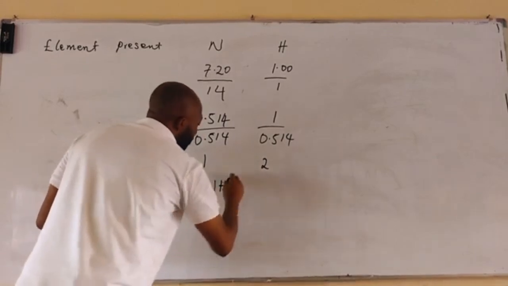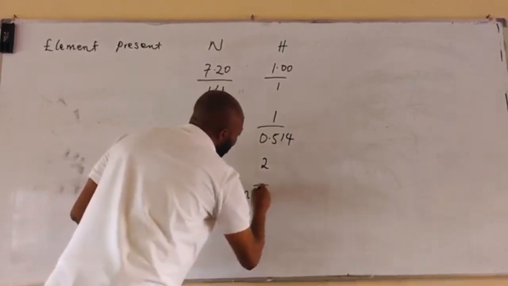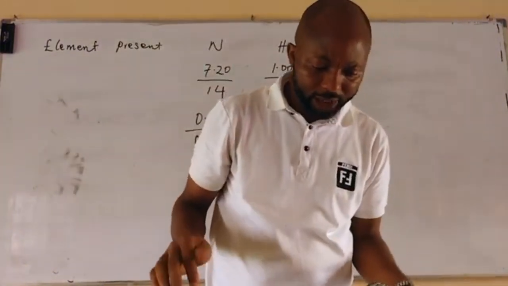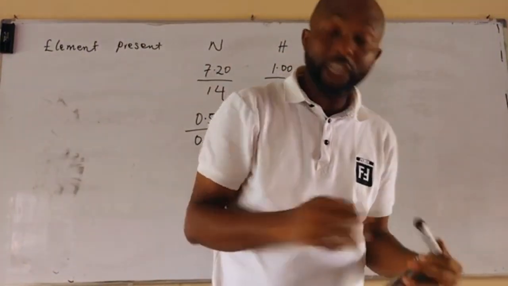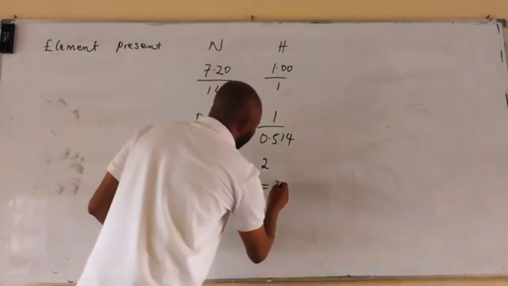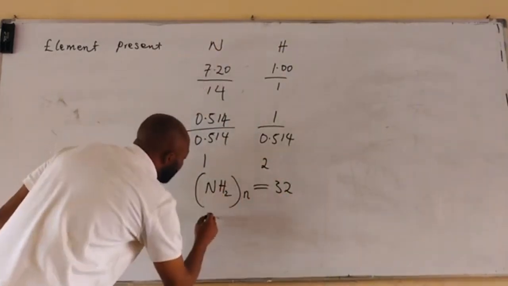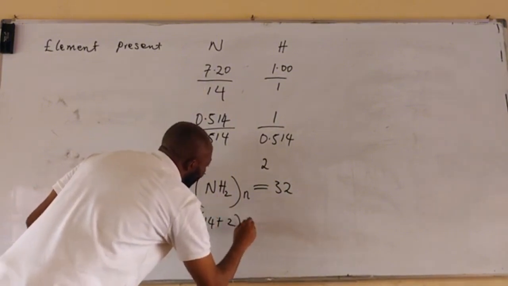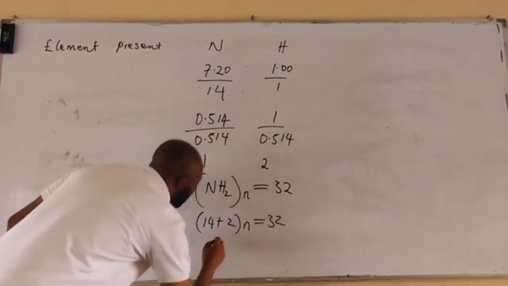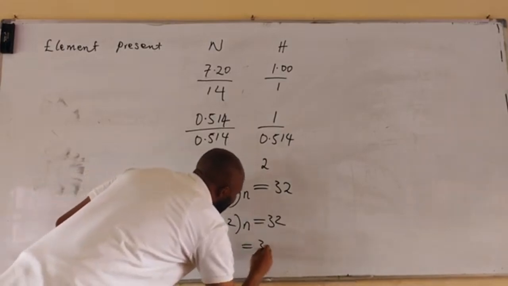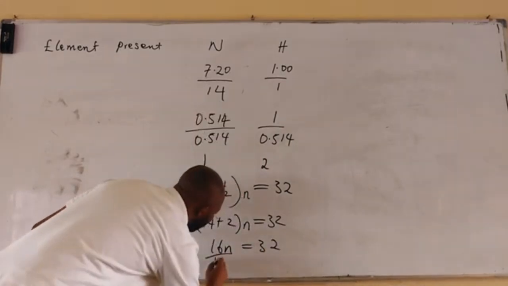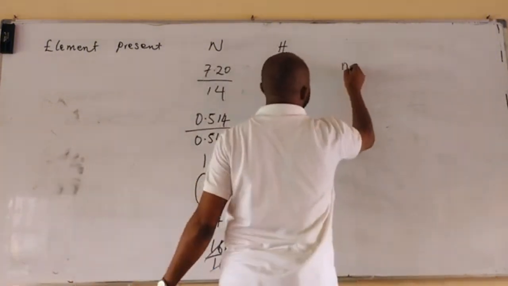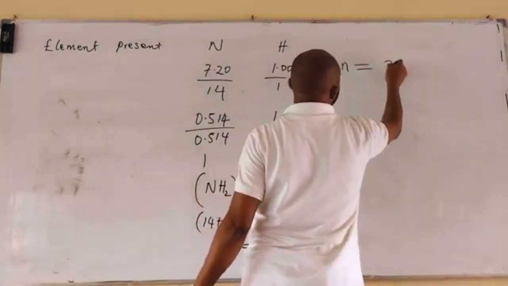Now I want to get the molecular formula. N times the empirical formula mass equals the relative molecular mass, which they say is 32. So nitrogen is 14 plus 2, so 16N is equal to 32. Divide both sides by 16, and N is equal to 32 divided by 16, which is 2.